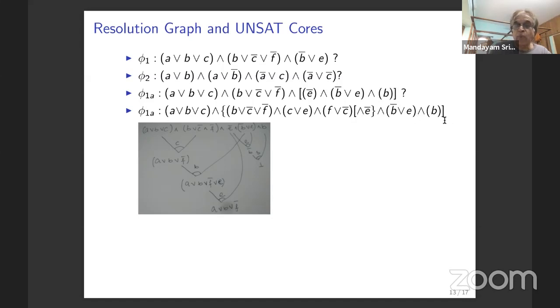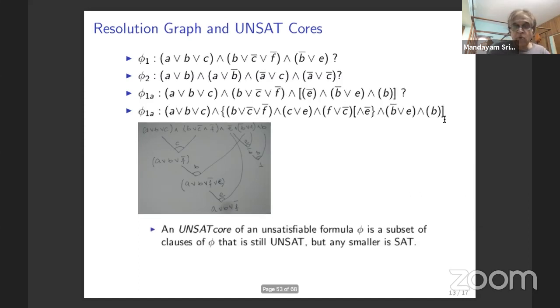Both are unsat cores because they are subsets of the original formula which are themselves unsatisfiable, and therefore they make the original formula also unsatisfiable. So an unsat core of an unsatisfiable formula is a subset of clauses of phi that is still unsat.